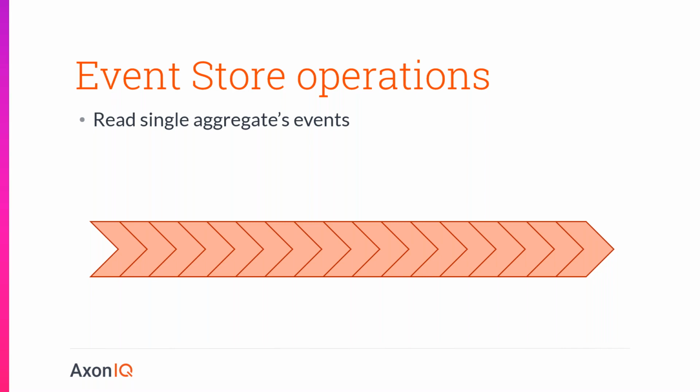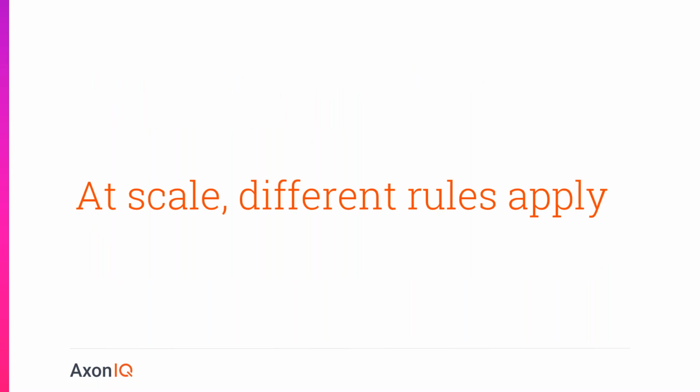You need to be able to reconstruct the state of that aggregate based on the events that it emitted in the past. So you need to be able to quickly find events that were emitted by a specific aggregate instance in the past to reconstruct its current state. So those are the operations.